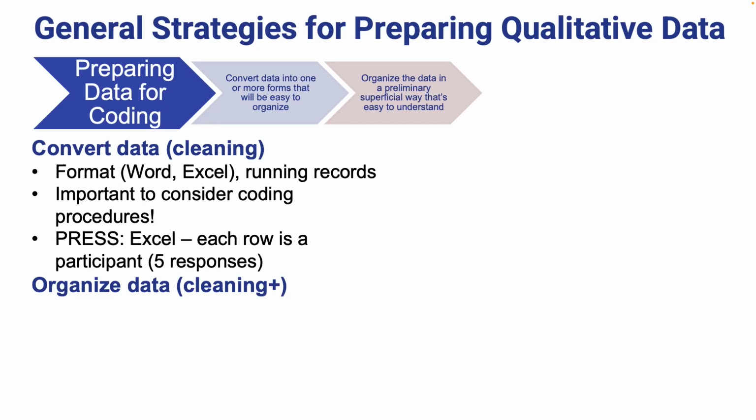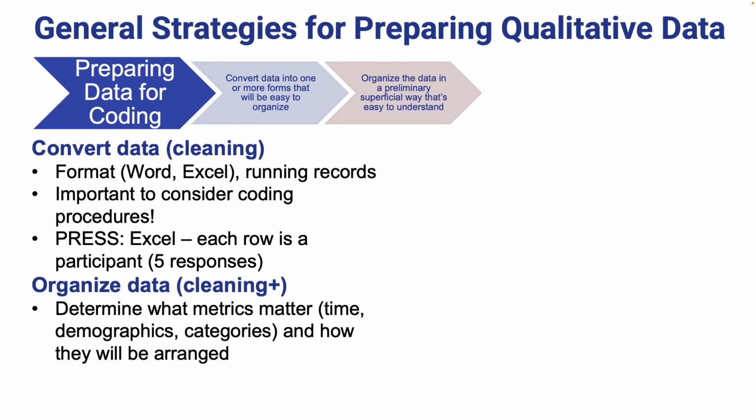But organizing the data is really about structuring it in a more purposeful way for what you're going to be doing with it. So you need to think about what metrics matter: time, demographics, categories, and how they'll be arranged.